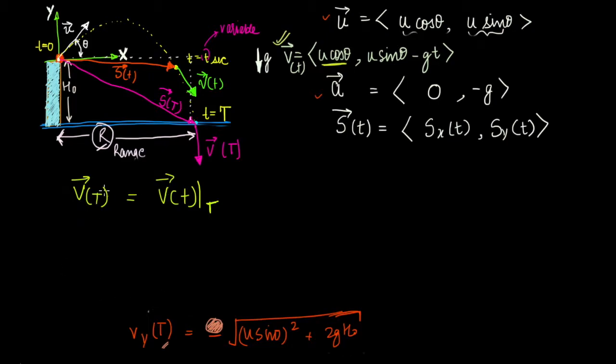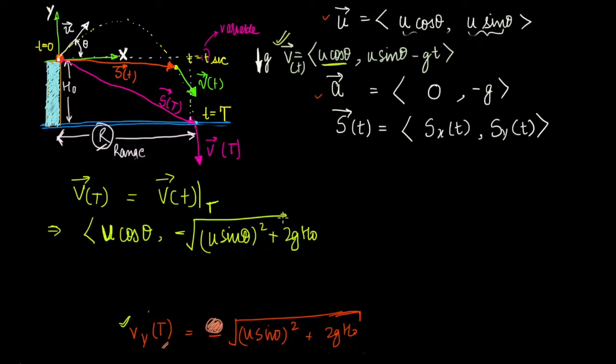Right, so this is what we're going to do. Now, at capital T time, this is what we know. v sub x, remember, is independent of time, so that would be u cosine theta. And the y component would be negative root of u sine theta square plus 2gh sub 0.